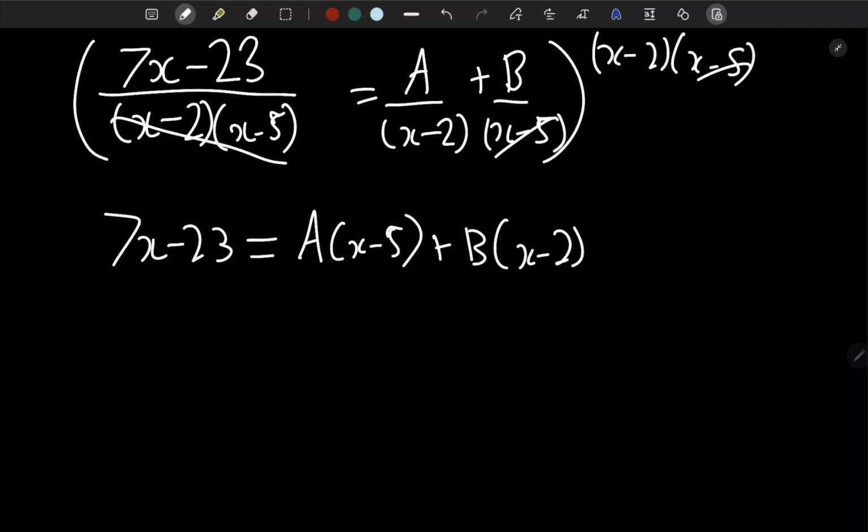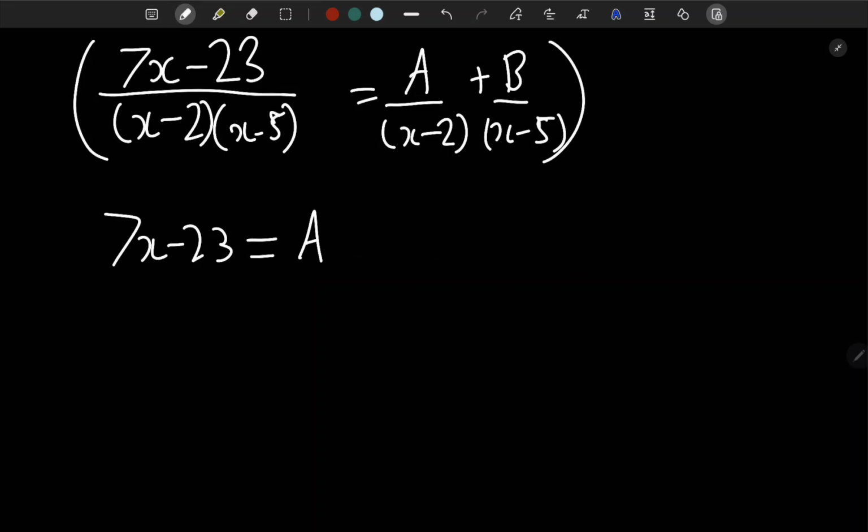The other method for this is the cover-up method. Instead of doing all this multiplication, when you are simplifying and writing in this format, let me actually erase this. Once you're on a, you look at the denominator of a, and you cover the denominator of a in the left equation.